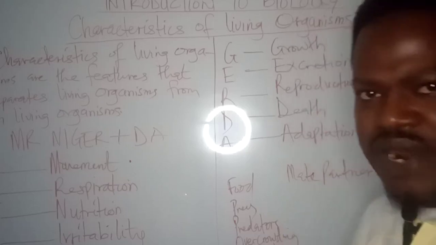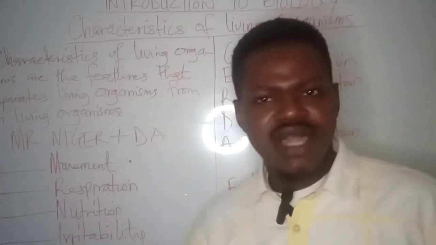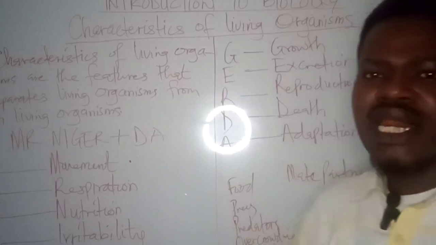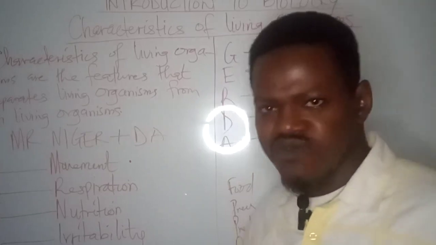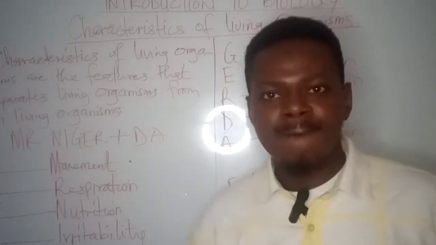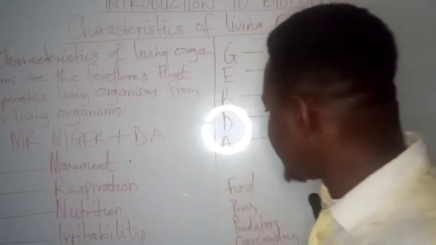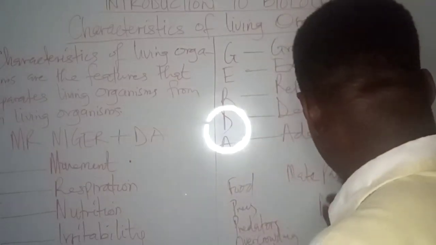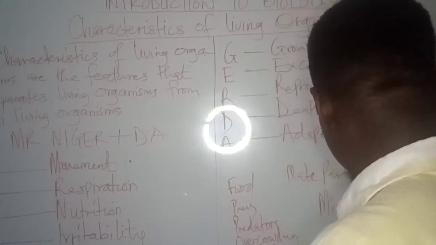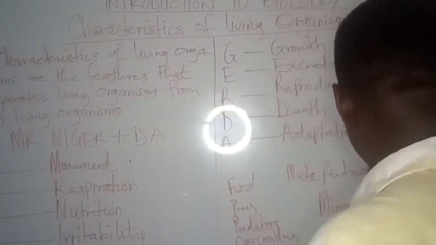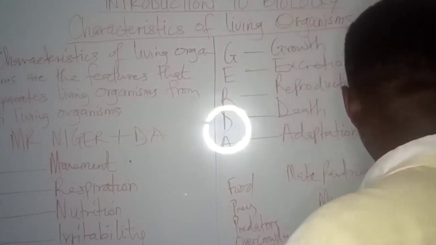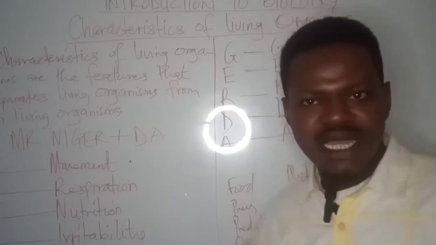But plants, on the other hand, are stationary organisms and lack the ability to move about from place to place. However, there are some few plants like the mimosa, Mimosa pudica. This plant does show limited movements.